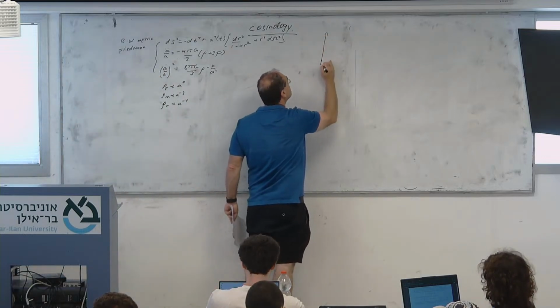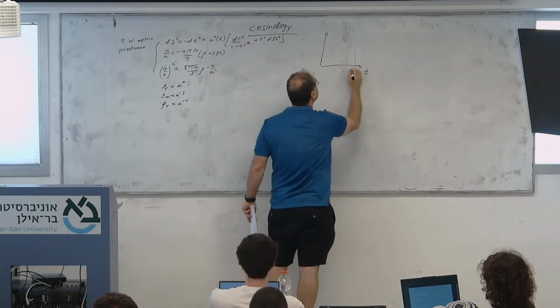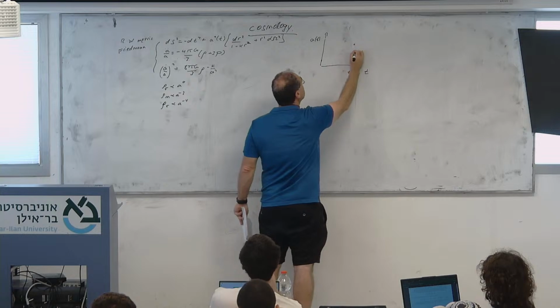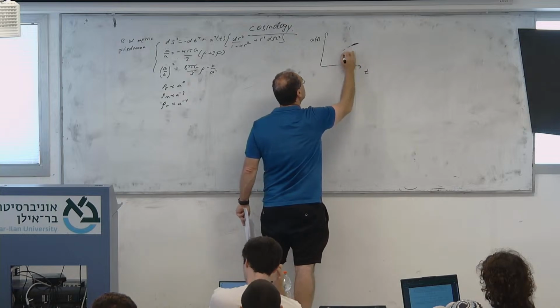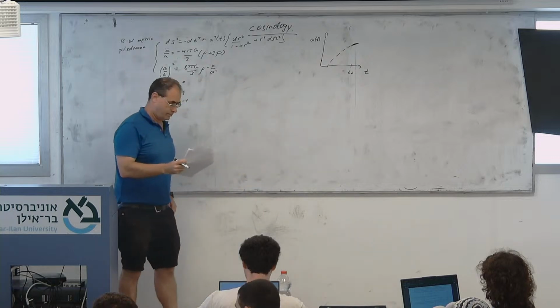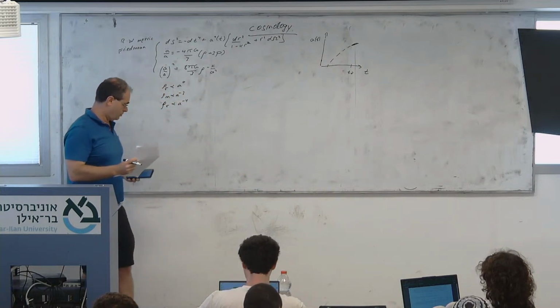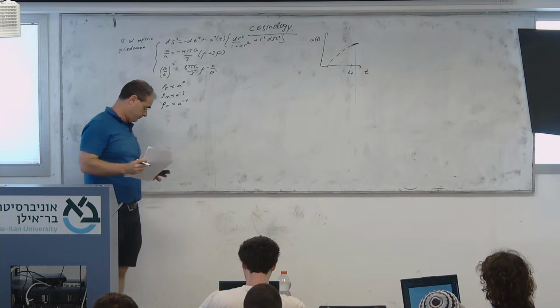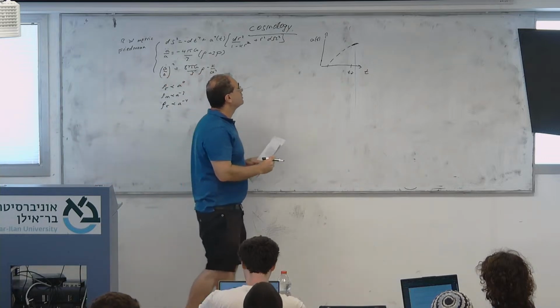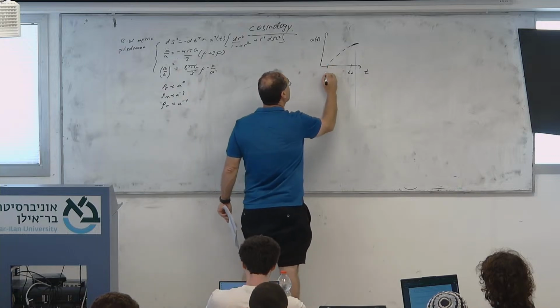This is t, this is t0, this is today. This is a of t. We are here now, a is growing. In the past, it was somewhere here. And this is the Big Bang.